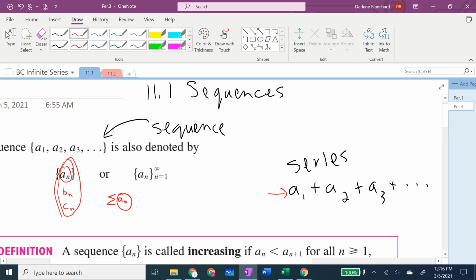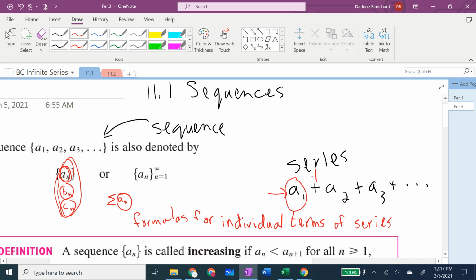So make sure to clarify, these are formulas for individual terms of the series. And to make sure you're clear, when I say term, I mean something that is in between an addition or a subtraction. Each of these are terms.